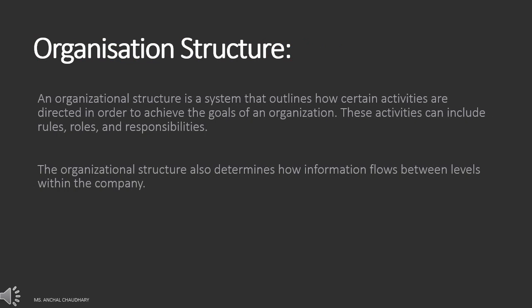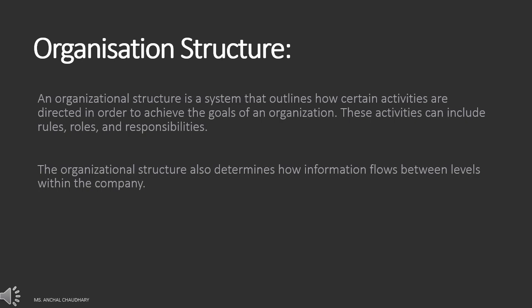Organization structure. An organizational structure is a system that outlines how certain activities are directed in order to achieve the goals of an organization. These activities can include roles, rules, and responsibilities.